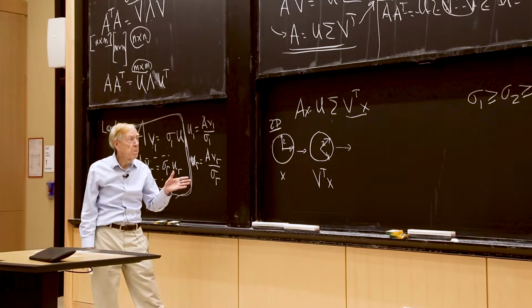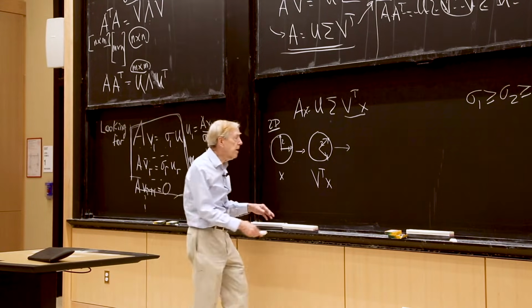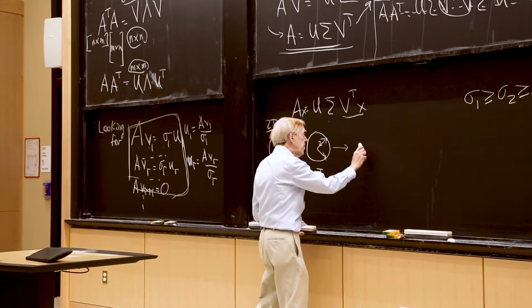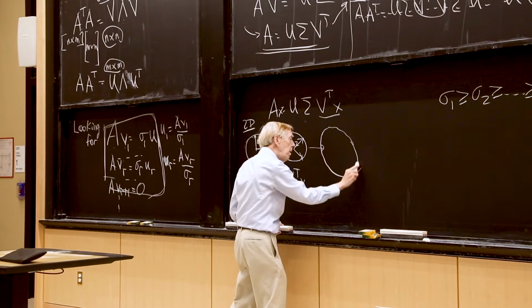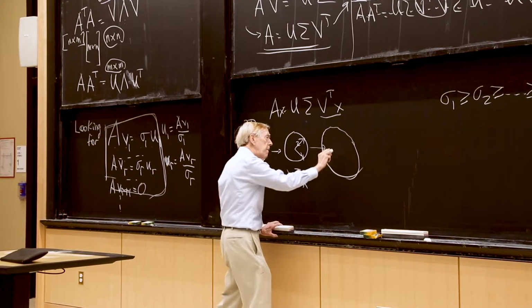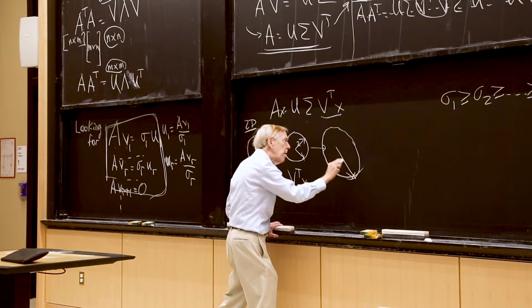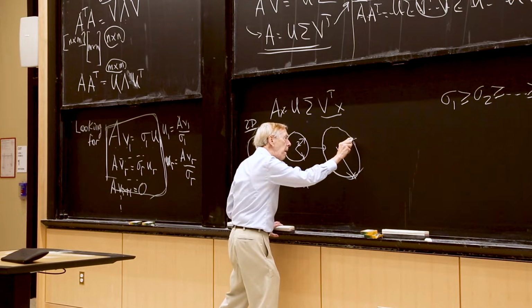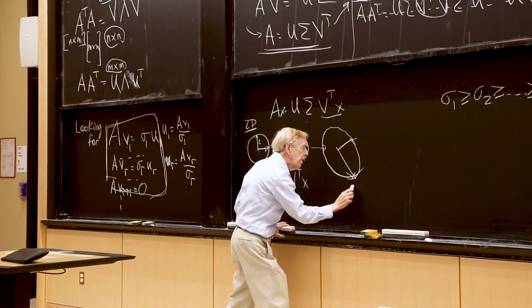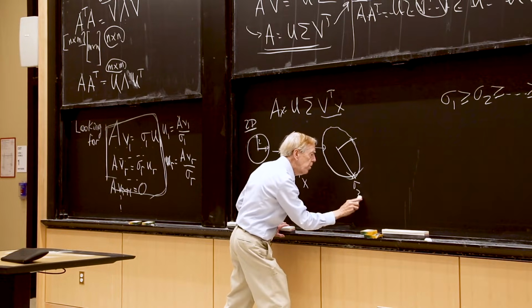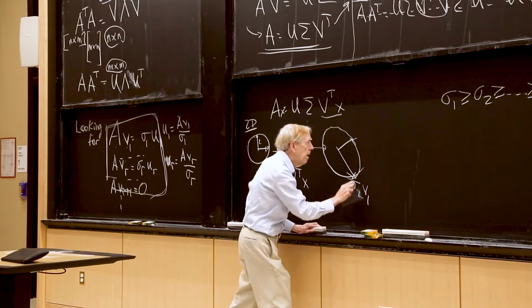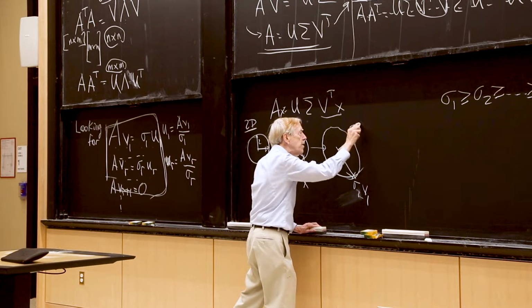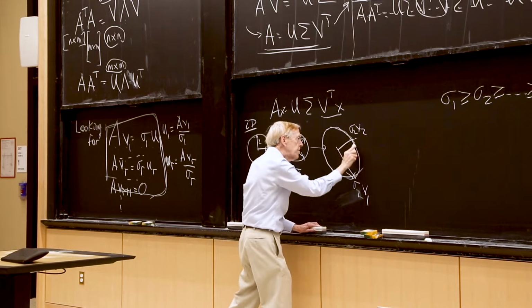So sigma 1 will be bigger than sigma 2, so I'm expecting a circle goes to an ellipse when you stretch. I didn't get it quite perfect, but not bad. So this would be sigma 1 v1, and this would be sigma 2 v2, and we now have an ellipse.